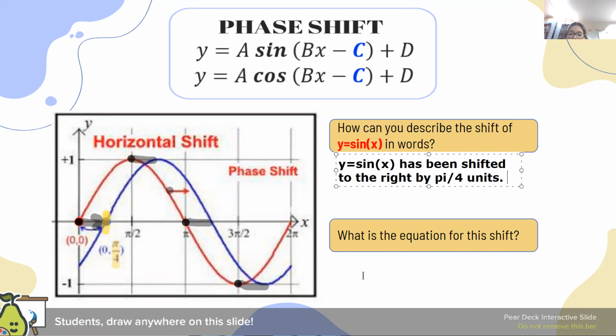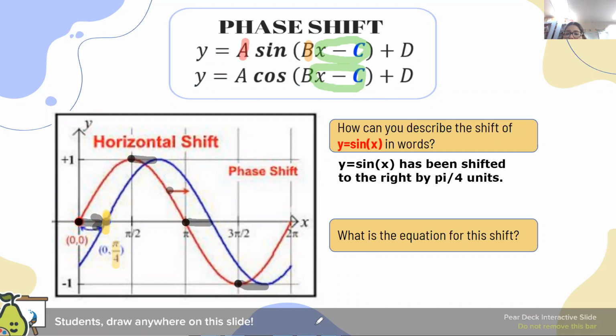If we're working with a phase shift, we're specifically only working with the value of C. Remember, A is our amplitude, and it's also vertical stretch or compression. B happens to be the number of cycles within 2 pi. But C is next to our x, the thing we never trust. C is the type of transformation that moves left and right.